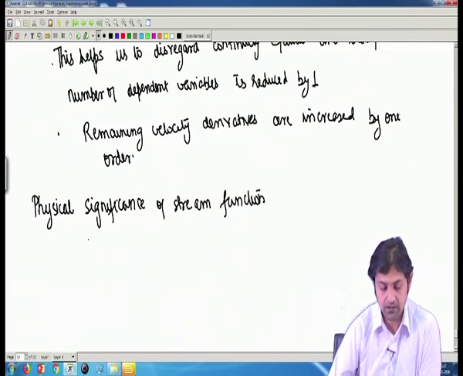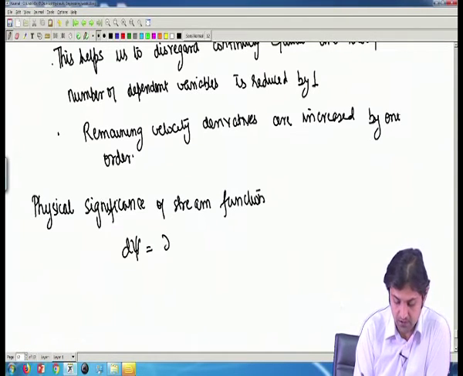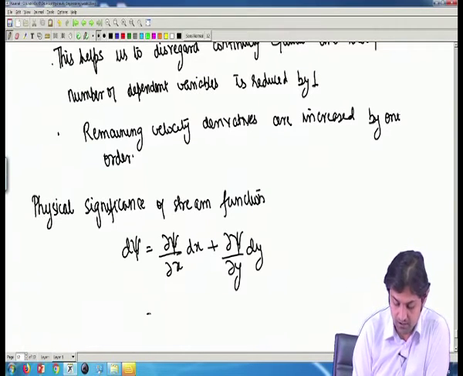So to look at it, if you see, d psi can be written as del psi del x into dx plus del psi del y into dy. All right, this is how d psi can be written, and you see del psi by del x we have defined as minus rho v.